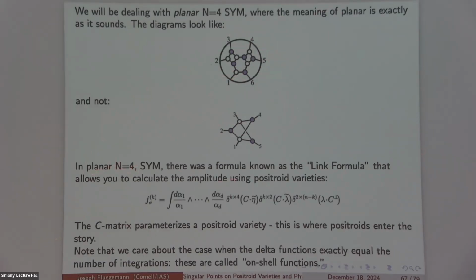Usually the way the calculation works is, because you don't even really need the diagram, if you have a Positroid variety, then you write a matrix representative C of the Positroid variety. C is a matrix that gives you some open set of a Positroid variety. Then stick it into this formula, and you'll get these leading singularities, or these on-shell functions.